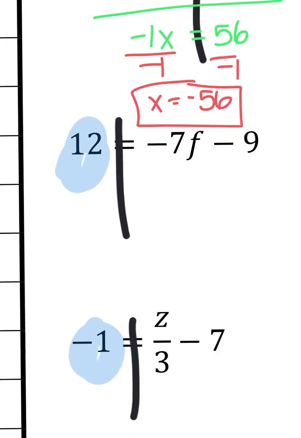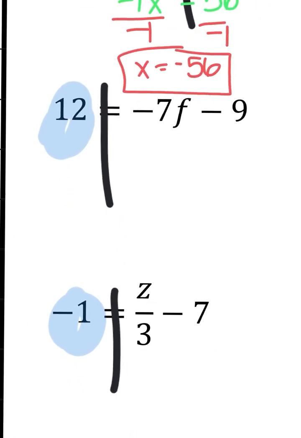All right, going down to our next equation, I'm going to find my variable. So I'm going to circle the term that includes the variable, -7f. And I'm going to look at what's on the outside of what I've circled. I have a -9. The inverse of -9 is +9. That's what will make 0.